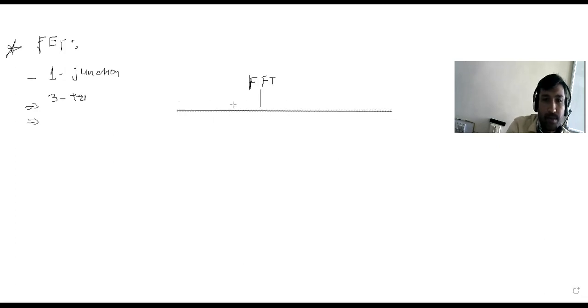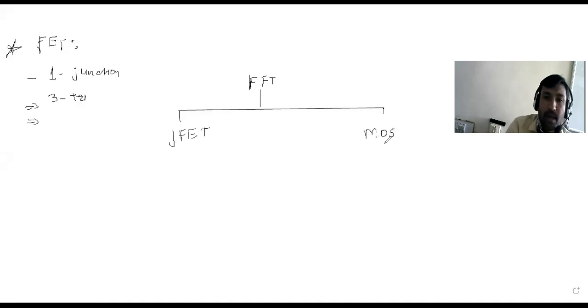First one is a JFET. Which one did I tell you first? JFET. And second one is MOSFET.